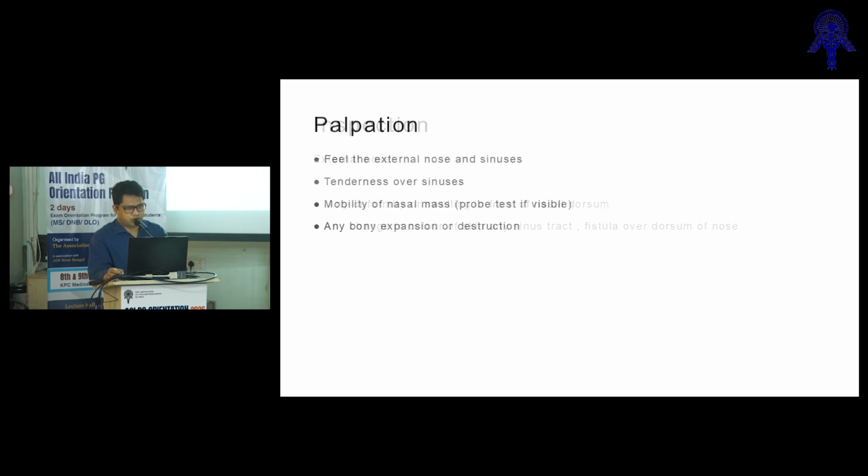On palpation, you should confirm your inspectory findings: tenderness, and in ENT there is an extra test, that is tenderness of the sinuses. Also check mobility of the muscles, and any bony expansion or destruction from the outside.